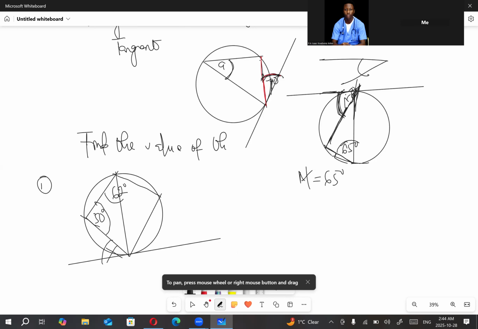Find the value of the lettered angles. Yeah, so let me know your opinion.